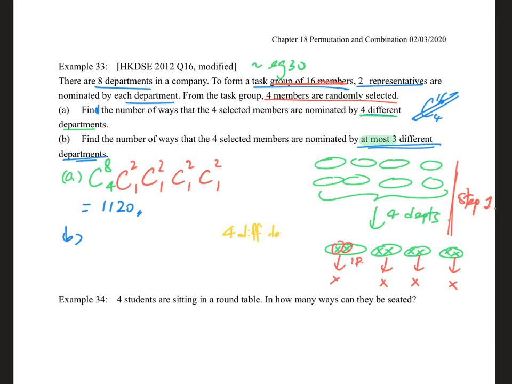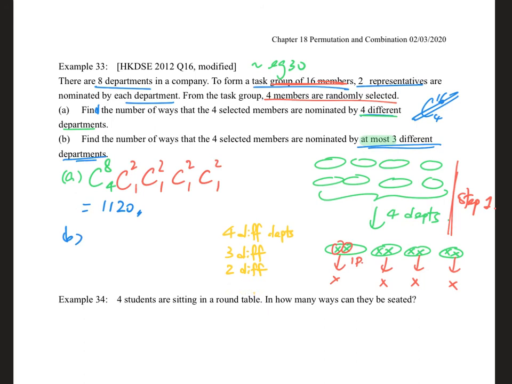Then the 4 members can be from 3 different departments, right? That means 2 of them are from the same department. If it's pair and pair, then the 4 persons are from 2 different departments. So there won't be a case of 1 department. Do you agree? Because that means all 4 of them are from the same department, which is impossible. So that's why I rub it away.